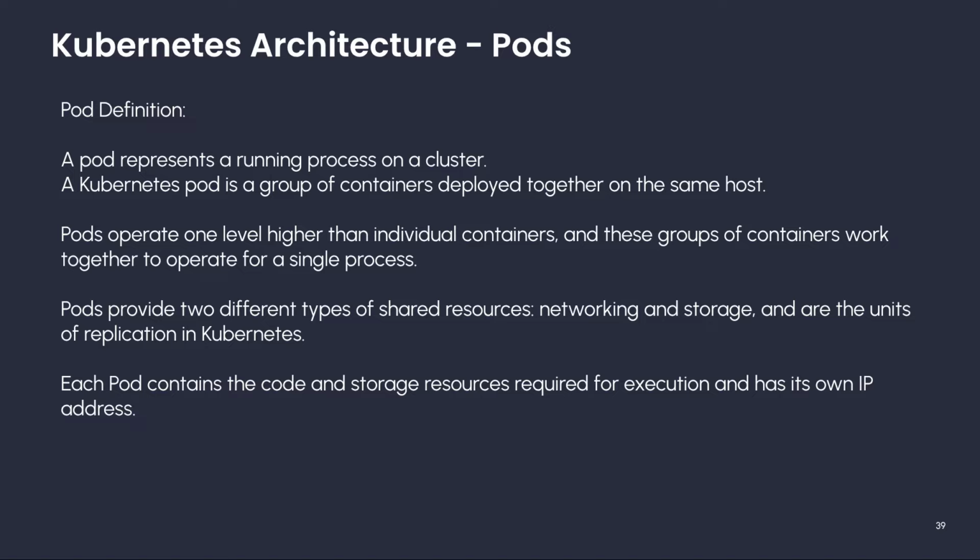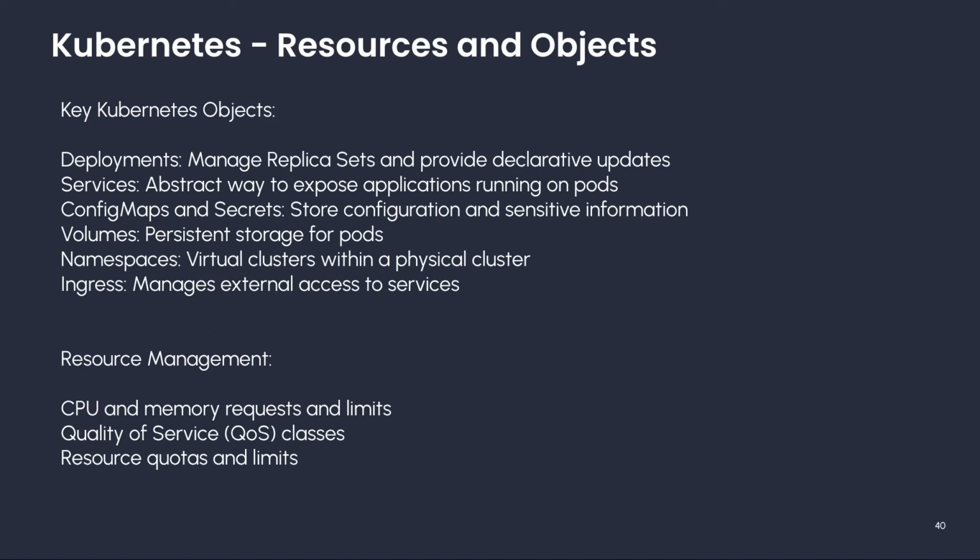Pods provide two different types of shared resources. So networking and storage is shared because multiple containers are there, we have to share resources. आणि त्याचा स्वतःचा एक IP ॲड्रेस असतो, कोड असतो, स्टोरेज रिसोर्सेस असतात. So these are objects: deployment, services, images, volumes.